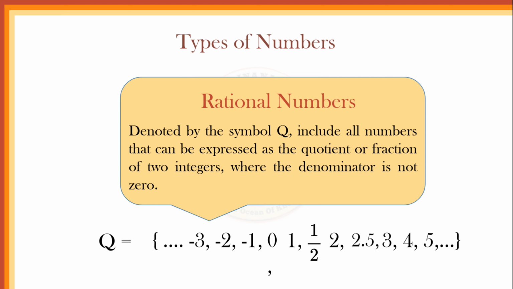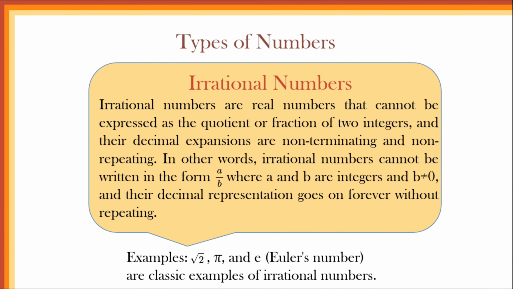Rational numbers are versatile and are used in various mathematical operations and applications, including fractions, ratios, and proportions. They bridge the gap between integers and the real numbers, providing a rich set of values for mathematical analysis and representation. The next type of numbers we can explore is the set of irrational numbers.